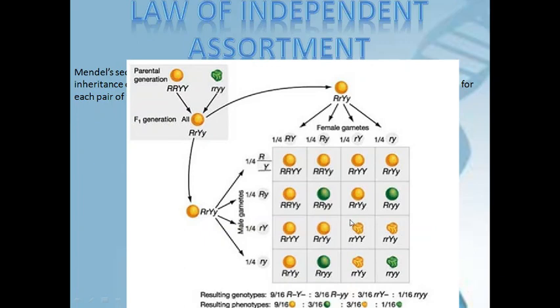What will be the phenotype of this plant? It will be wrinkled and yellow. So in this way they got the phenotypic ratio of 9:3:3:1.